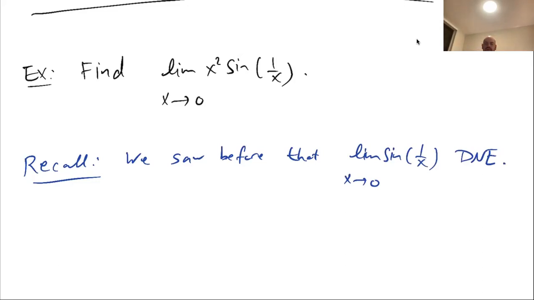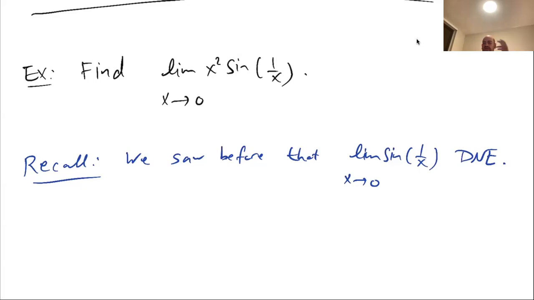I think the one we looked at was sine of pi over 2 over x, something like that. But the same idea that we used there can be applied to show that the limit of sine 1 over x itself also does not exist. So you can write the details yourself.